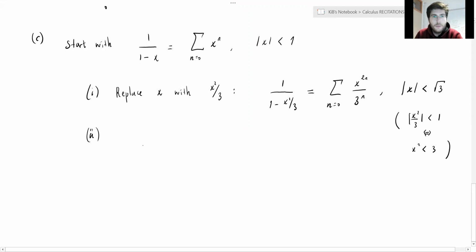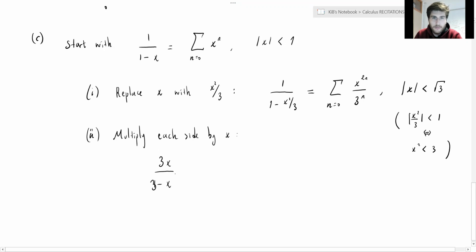We also want some kind of x in the numerator, right? So multiply each side by x. If you do this, actually we have 3x. So let me rewrite everything in a more familiar way.